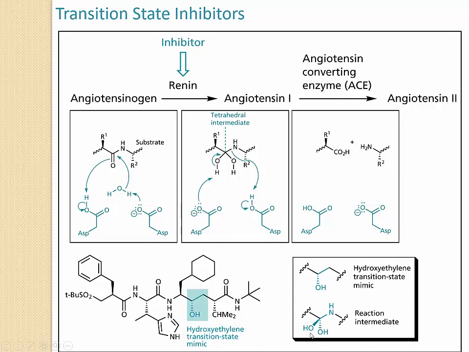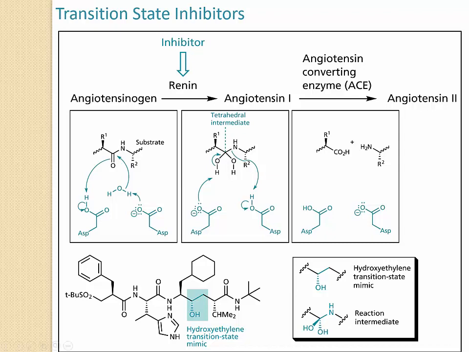We notice the reaction intermediate has these two hydroxyl groups on this carbon, and so this is our stressed state. So the inhibitor has one hydroxyl group. It is unstressed, and it's just close enough to this geometry that the enzyme recognizes it as substrate and the enzyme moves to its own transition state and locks down, and that's it.